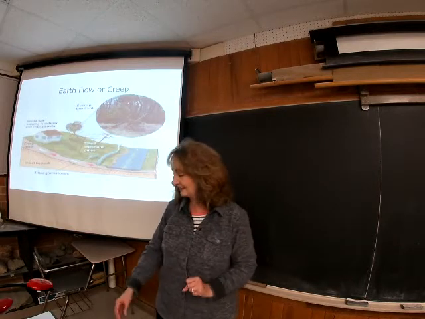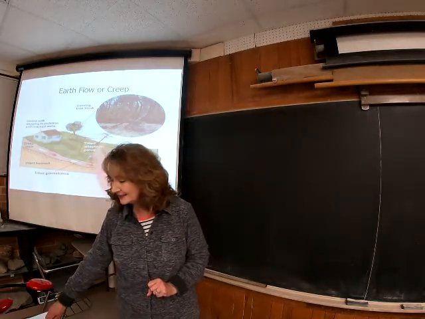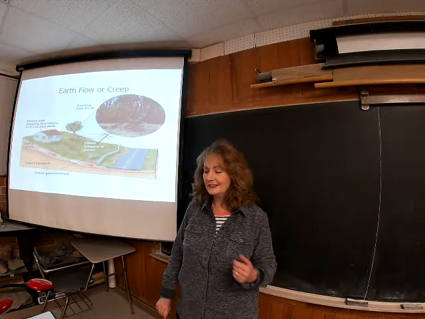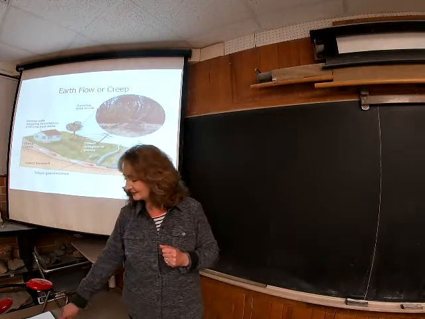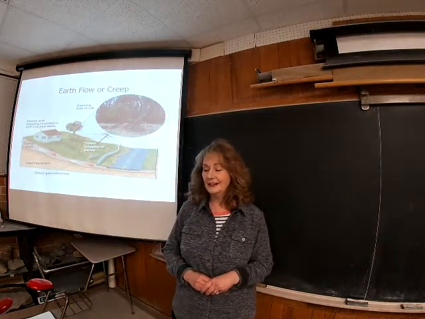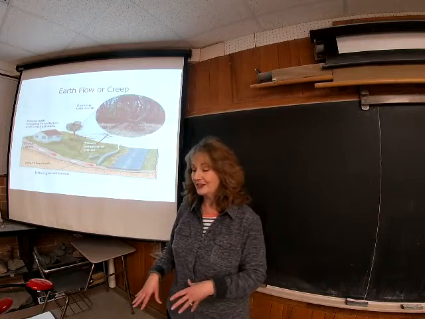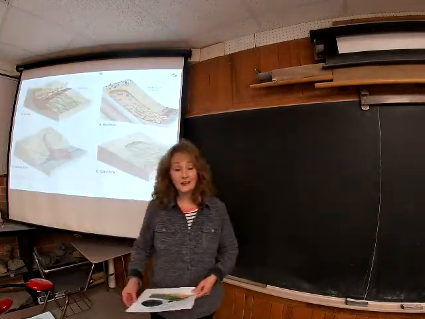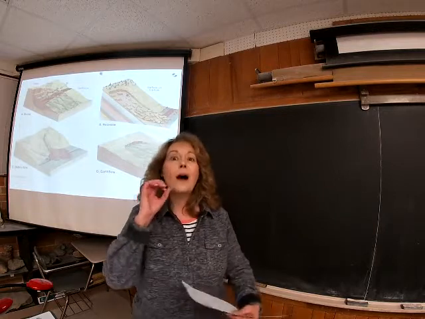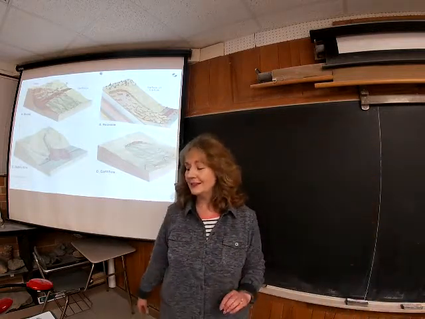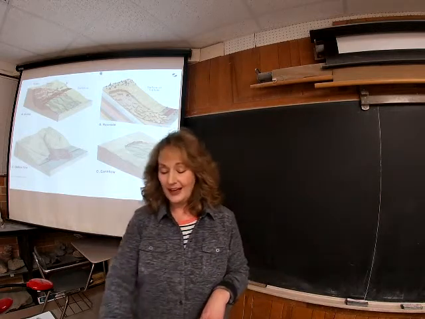Here we have some tilted telephone poles. Of course, your fences. I think they had some tilted gravestones and different things in this image. So there are lots of ways you can detect earth flow, even though maybe you're not seeing it as it's happening, but over time you can see the effects of it.